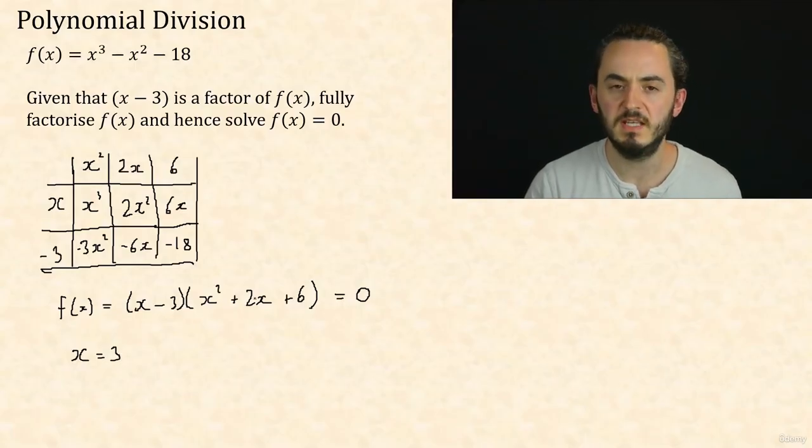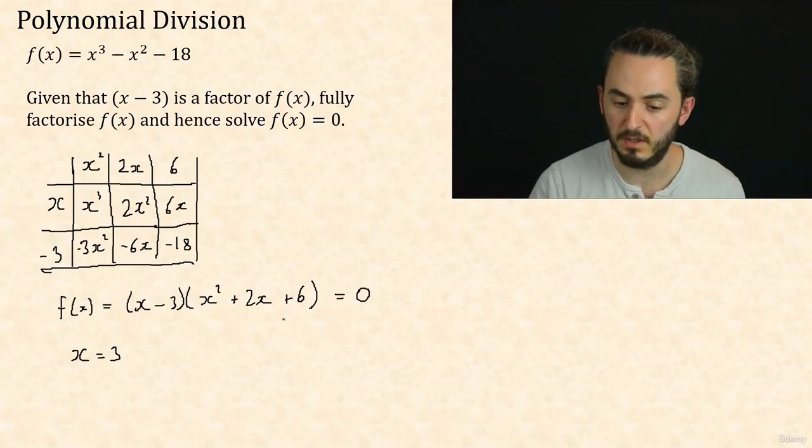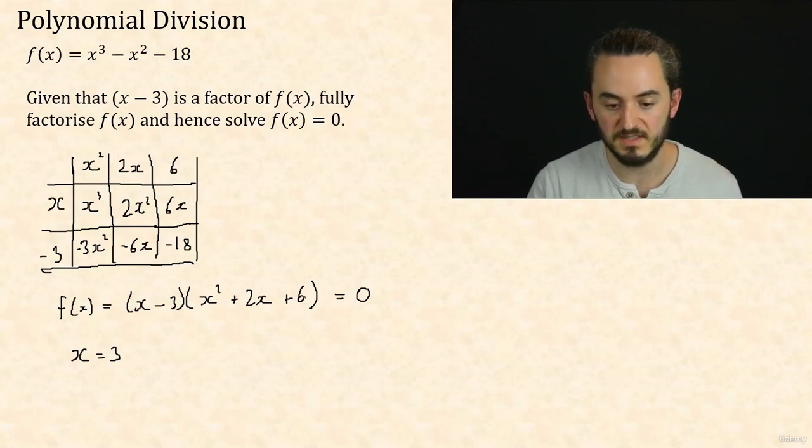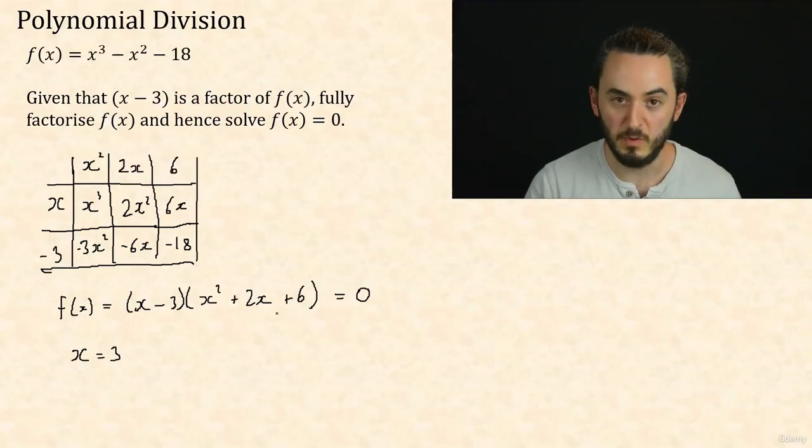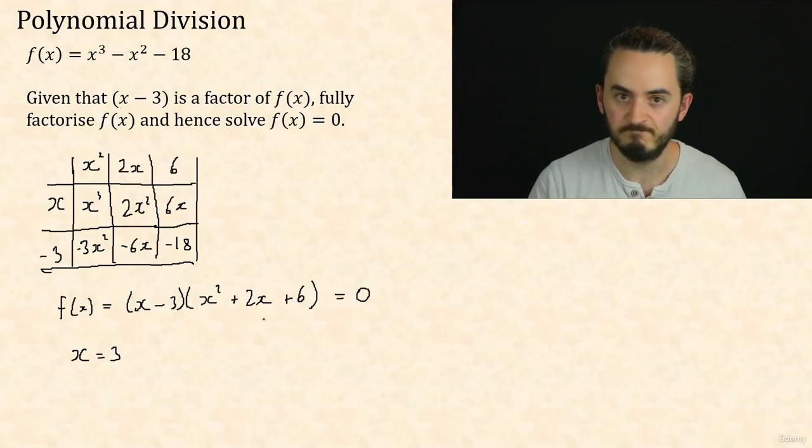Well, I can't see easily how to factorise it because I can't think of any two numbers which multiply to 6 and add 2. But I think it might be a little bit worse than that because even if I try to use the quadratic formula, it's not going to work. And the reason why it won't work is, do you remember? The discriminant of this quadratic is negative.